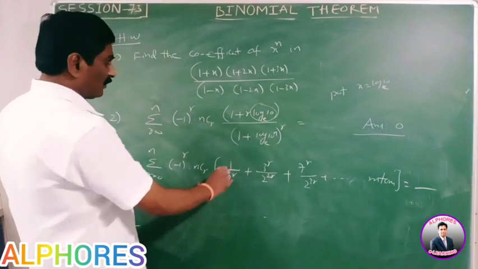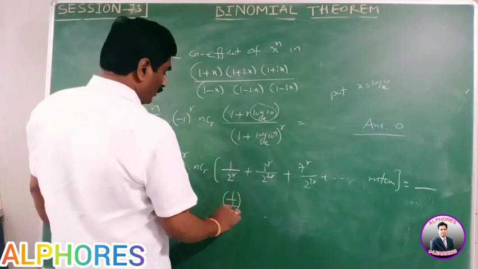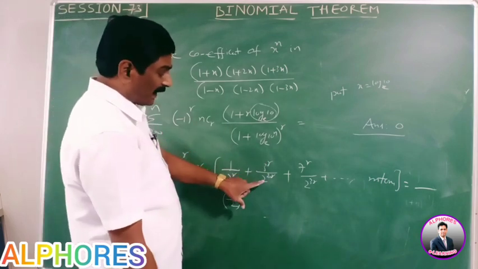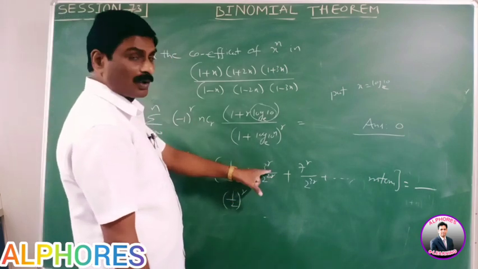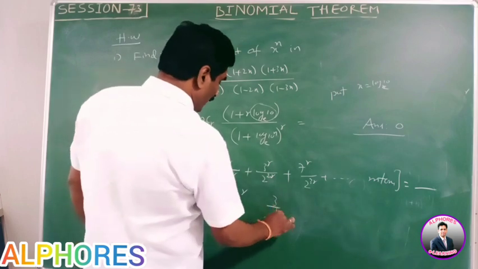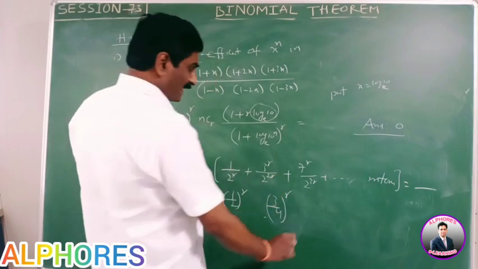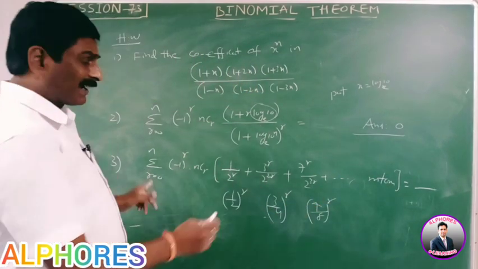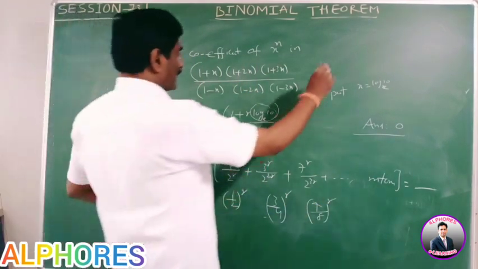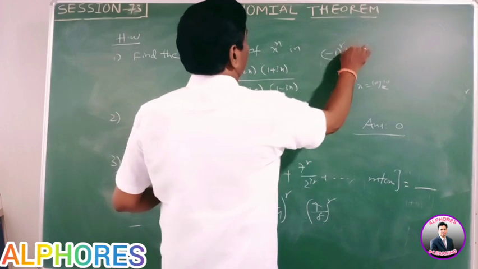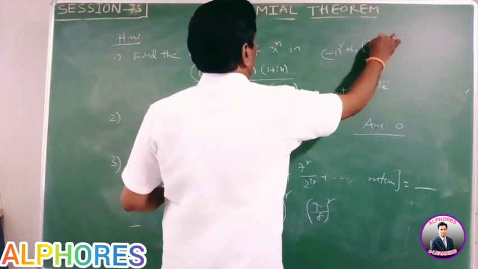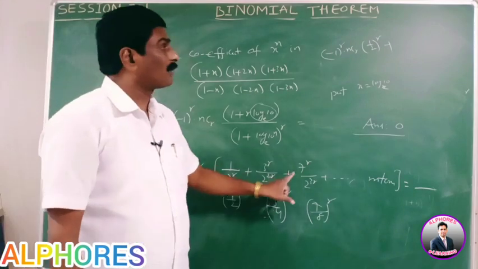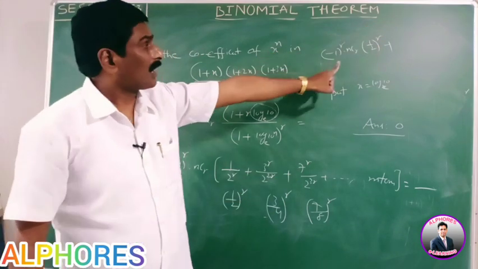Please observe this value. 1 by 2 power r means (1/2)^r. Here 3^r by 2^(2r) means (3/4)^r. Next it can be reduced into (7/8)^r. After splitting, it can be reduced into (−1)^r nCr (1/2)^r plus, again, (−1)^r nCr (3/4)^r plus so on up to m terms.